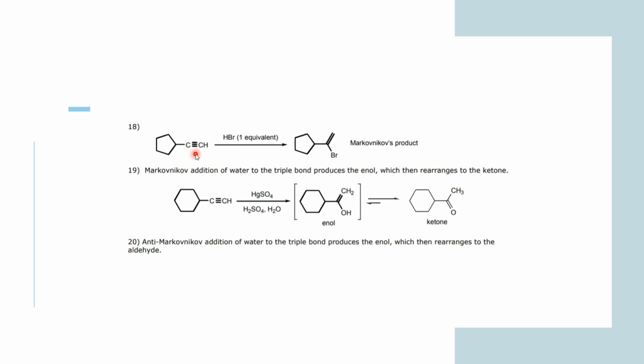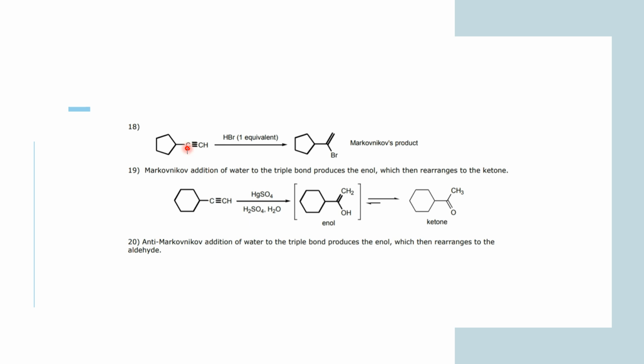This carbon center, being a tertiary one, will be a more stable carbocation in comparison to the carbocation that will be formed here, which will be a secondary one. So first the proton will go here and you will get the positive charge on this internal carbon atom.